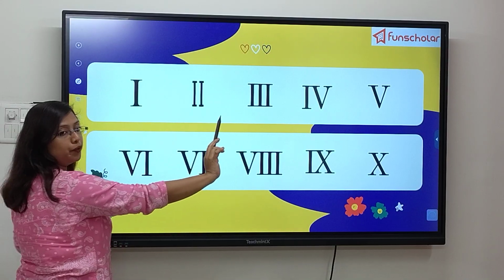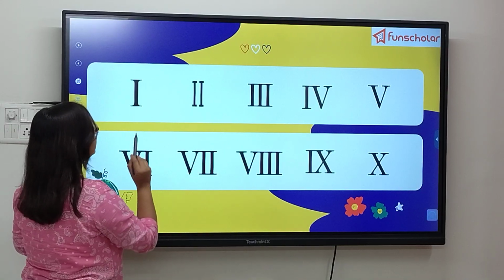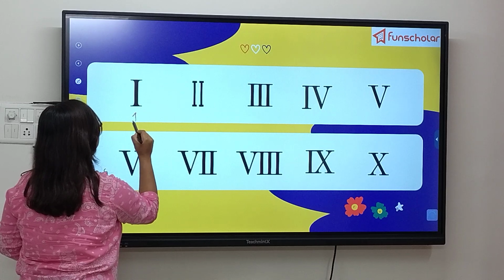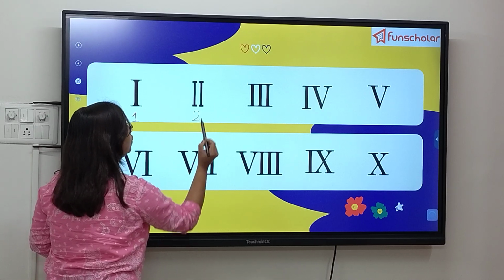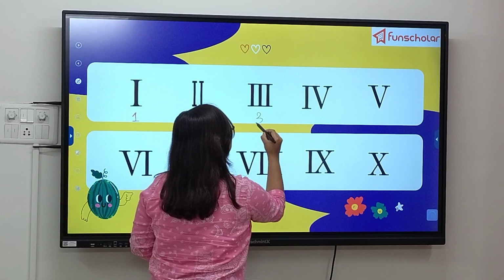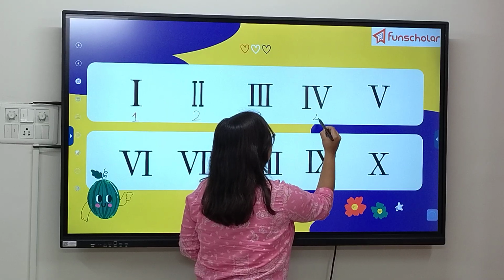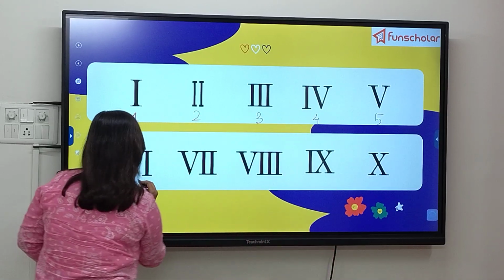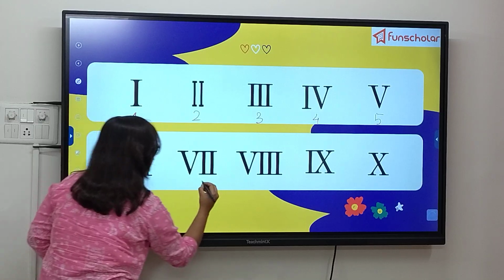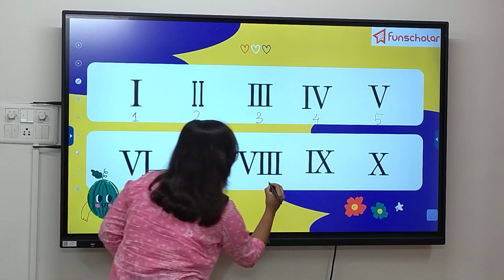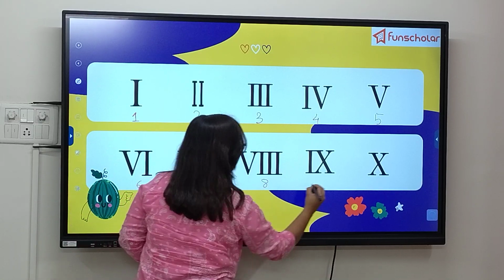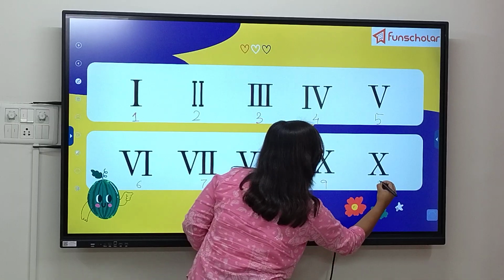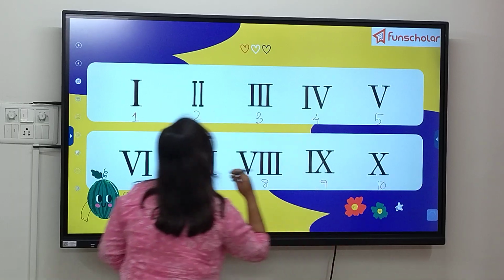Now, this is how we represent 1 to 10. This is 1, this is 2, this is 3, this is 4, this one is 5, this one is 6, this one 7, this one 8, this one 9 and this one is 10.